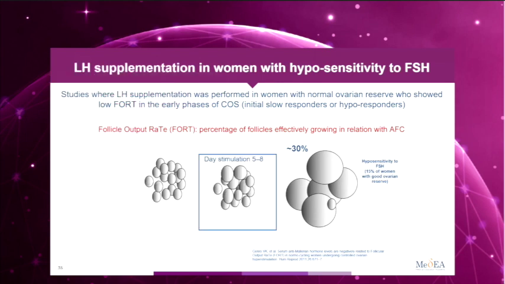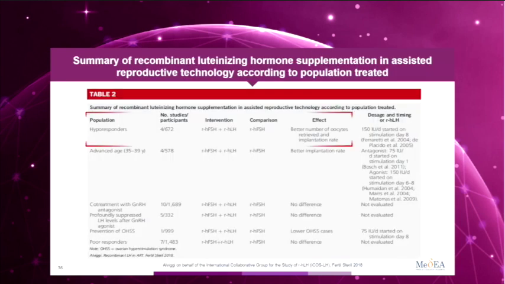In all cases where during stimulation, when the authors realized that few follicles were growing, they added LH or they used LH in the next cycle. So not in poor responders, but in patients consistent with groups 1 and 2 Poseidon, meaning good ovarian reserve, but ovarian response lower than expected in the current cycle, or LH has been given in a sequence cycle. And let's have a look at what we found.